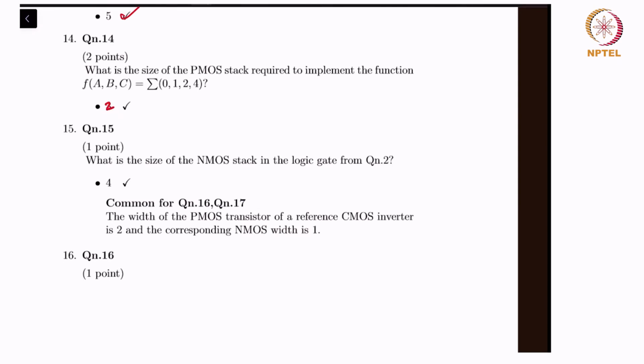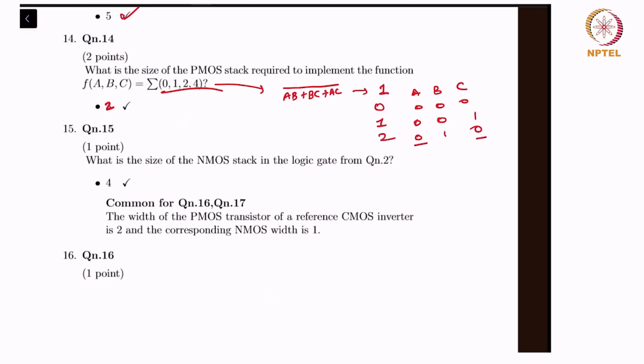What is the size of the PMOS stack required to implement this function? So if you notice, this function just corresponds to AB plus BC plus AC, the whole bar, right? Because this function will go to 1 for the minterm 0, which corresponds to A, B, C being 0, 0, 0, right? It will go for 1, 0, 0, 1. It will go for 2, 0, 1, 0.